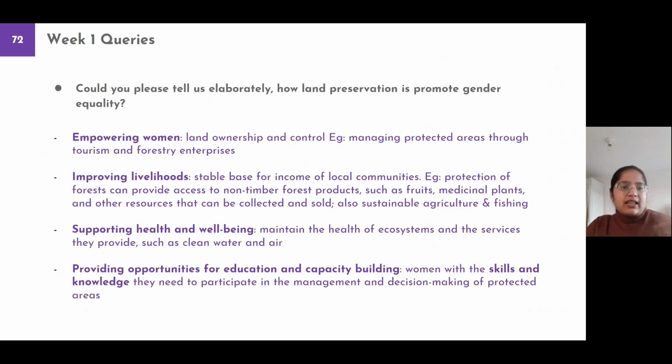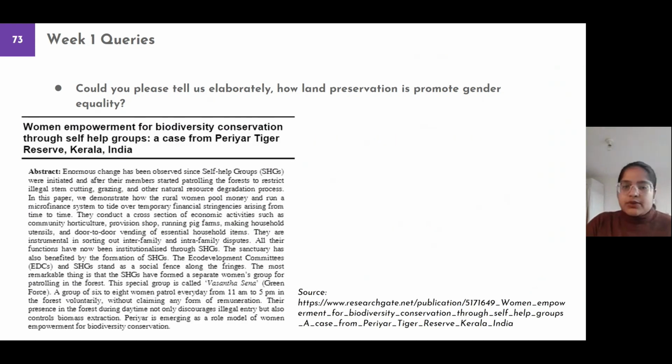So just to give an example for this explanation, this is a research study which was conducted by a group of people, and this is a case study of the Periyar Tiger Reserve, located in Kerala, India.